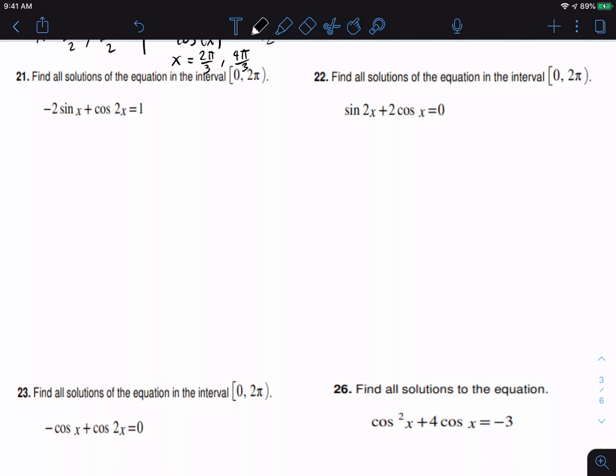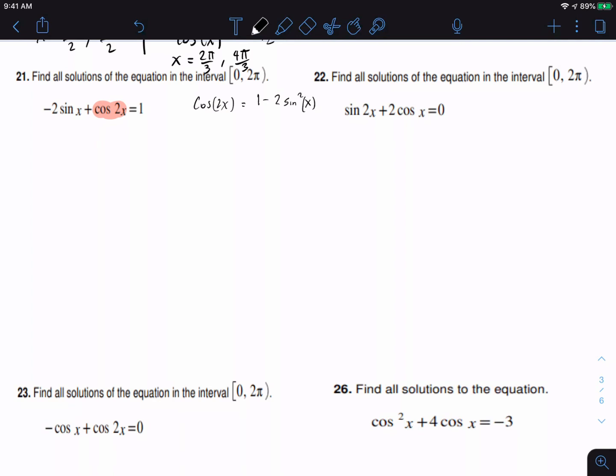So here's the next one. Now we have a different situation. We don't have squared terms, but we do have a cosine of 2x. And so we need to know what that identity is, right? The identity for cosine of 2x in terms of sine is 1 minus 2 sine squared of x.